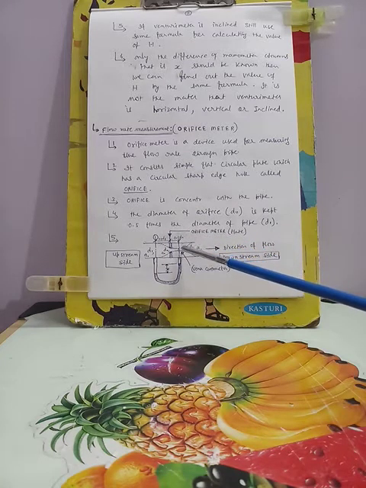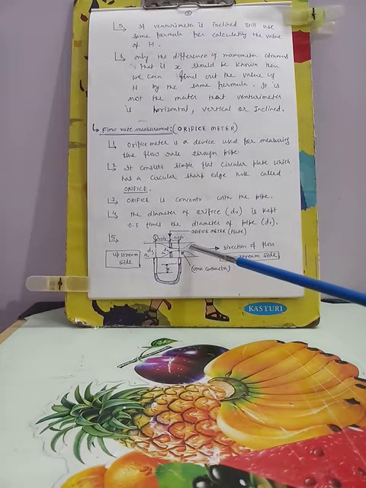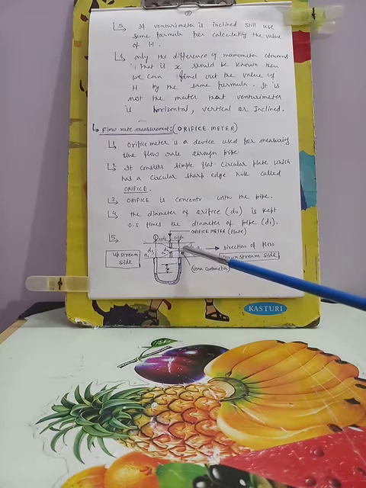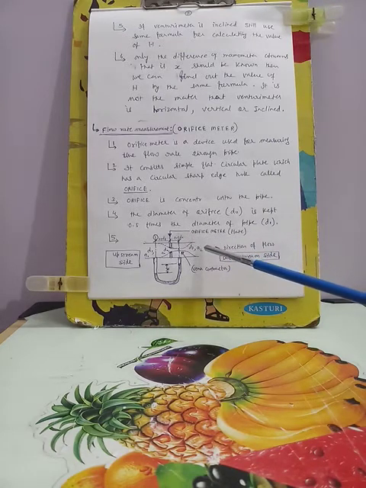The diameter of this vena contracta is say D2 and the cross-section area of this vena contracta is say A2.